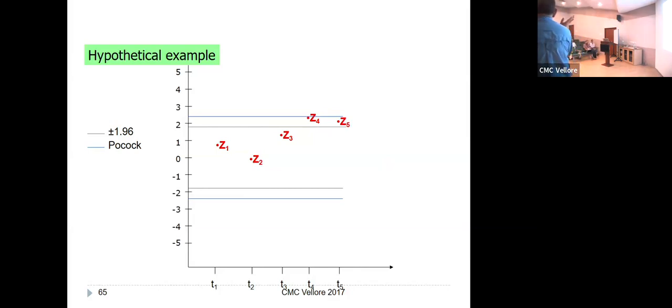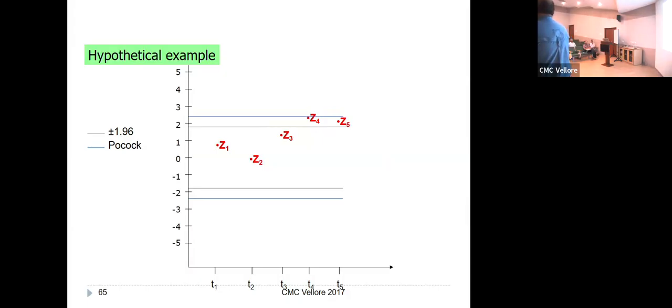Now, what happens at the end of the study? The investigator is waiting in her office, biting her nails, wanting to know the result. The statistician is doing the final calculation of Z5 and comes and says, "Madam, we have the results." She's ready for it.